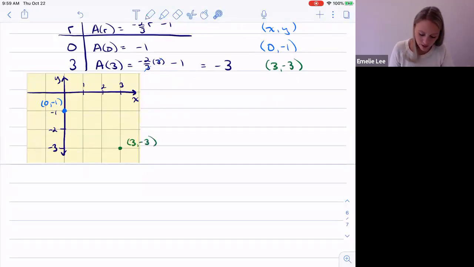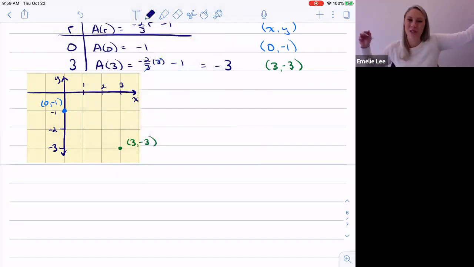So now I've got this straight line as soon as I connect these, which I'll use, I don't know, the edge of my calculator, I guess, to connect these dots. And then I extend the line because, of course, the line goes on and on and on to infinity and negative infinity.